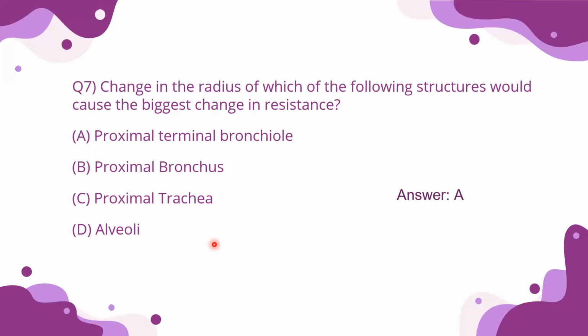So you change the radius or diameter of all of these 30,000 terminal bronchioles, and it's going to create a greater change in resistance because the total collective diameter of the terminal bronchioles is more than that of the trachea.